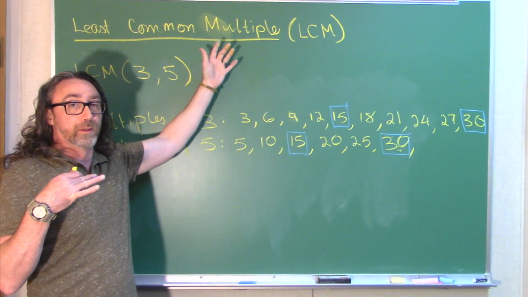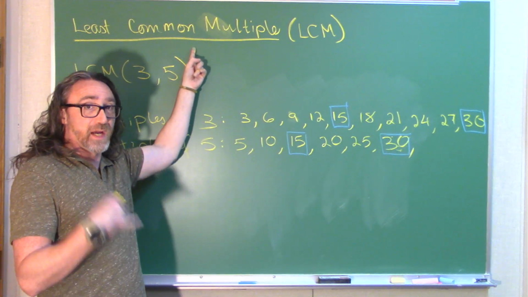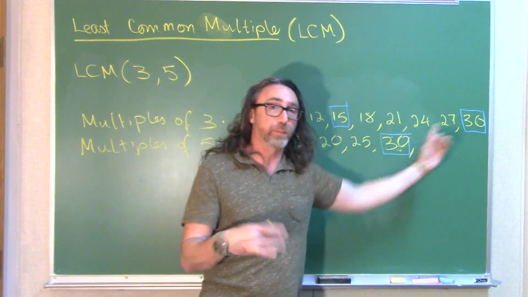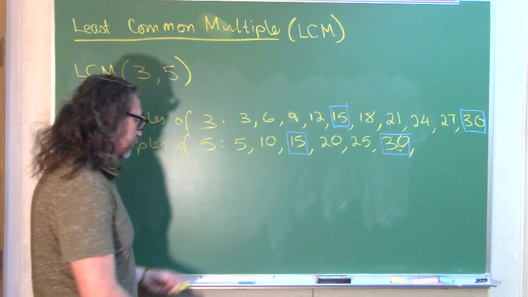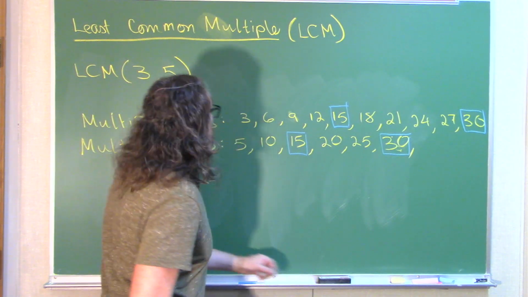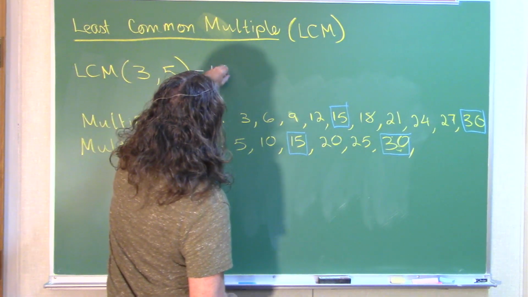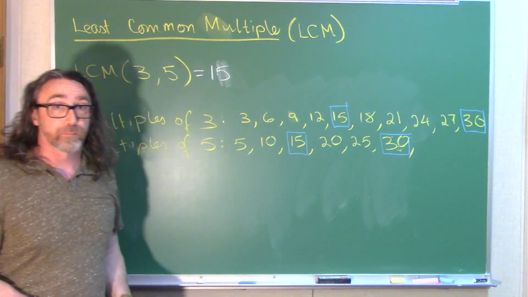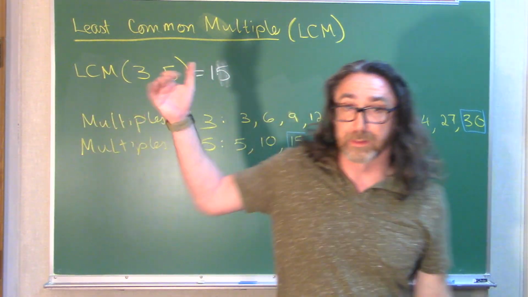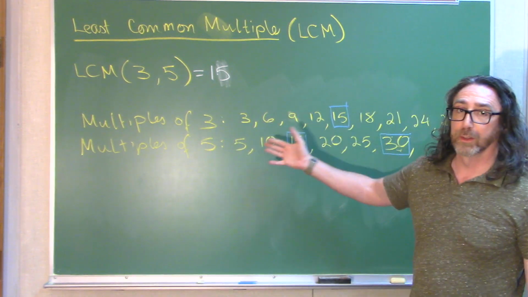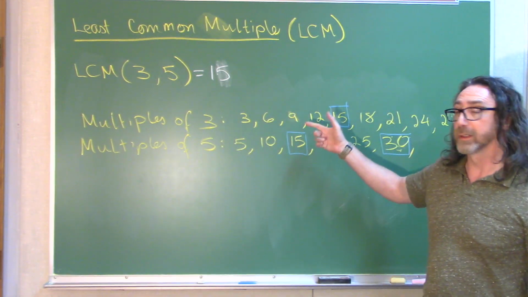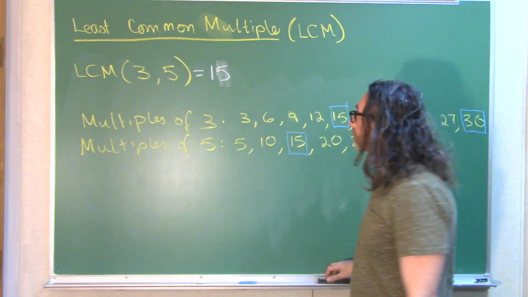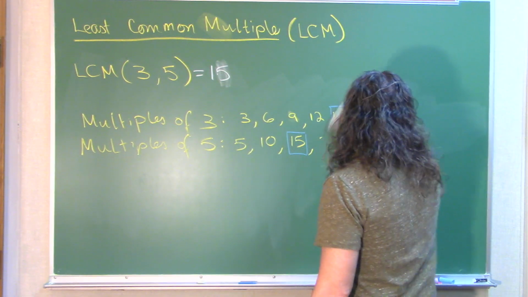We're talking about a multiple that these numbers have in common. And we want the least one. So while 30 is a common multiple of the two, it is not the least common multiple. The least common multiple of these two numbers is 15. So this is one way to figure out the least common multiple of two numbers. List out the multiples of each one and look for something that appears on each list.